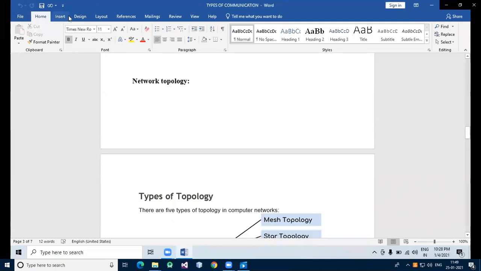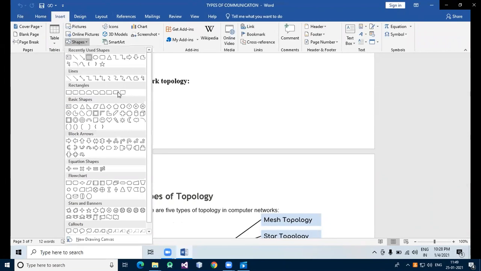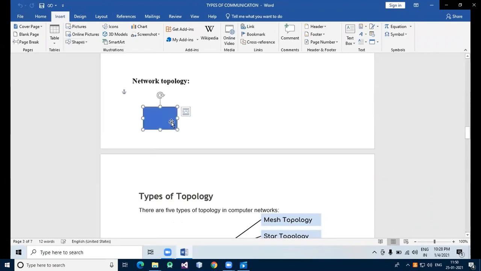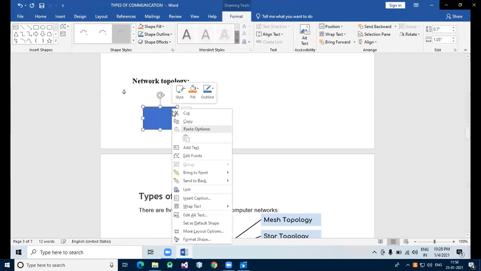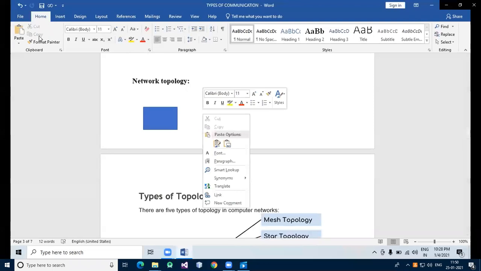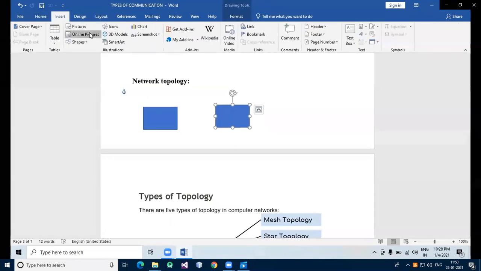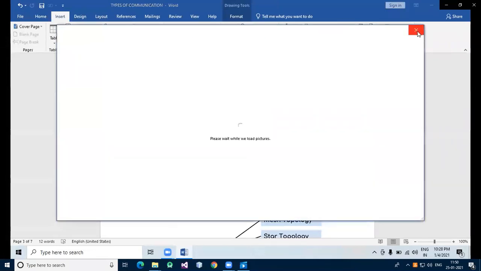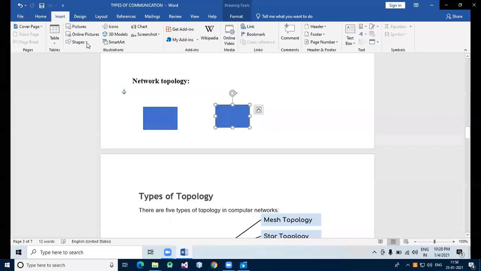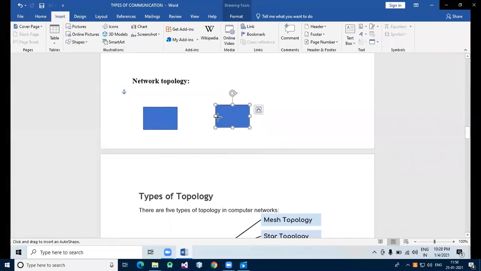Like you can see, one minute, let me show you point to point. Suppose this is a device, and a point to point connection is happening here.